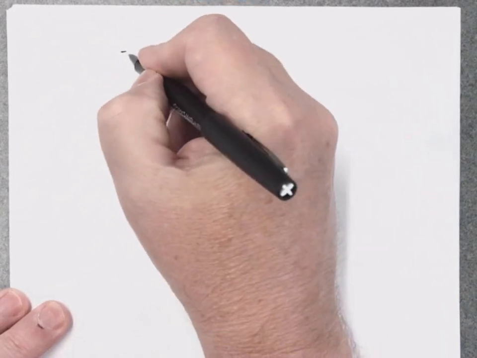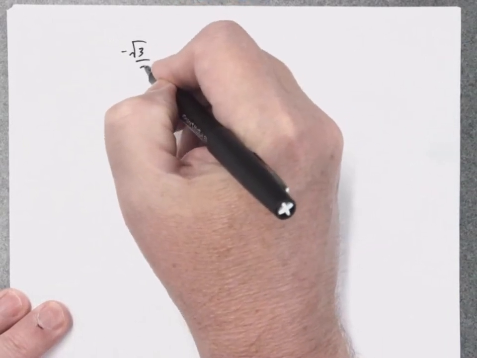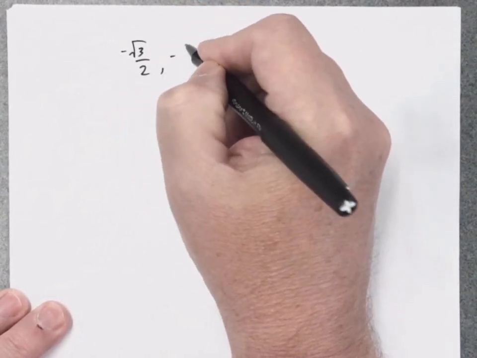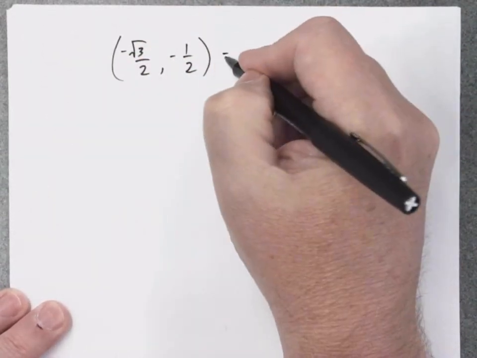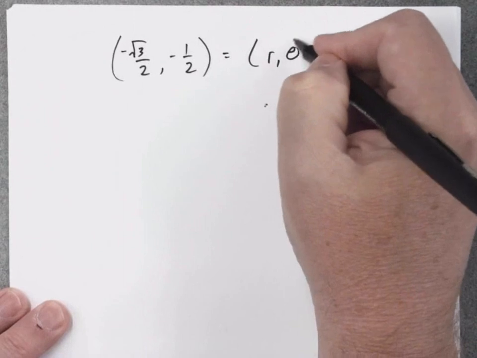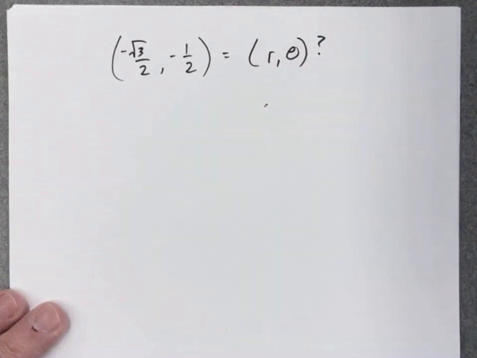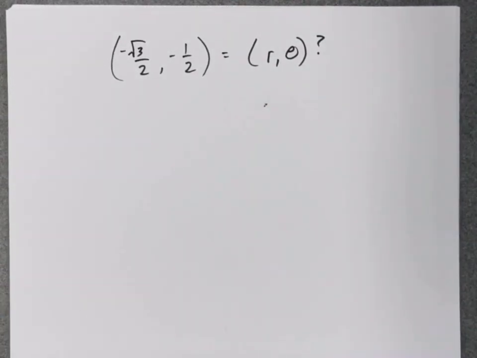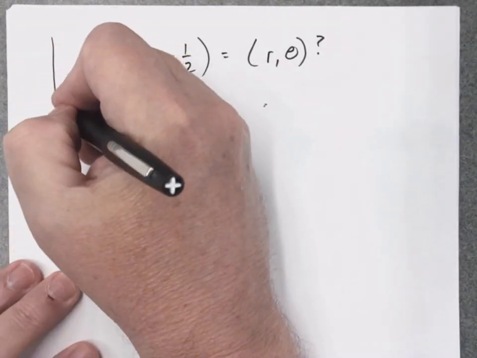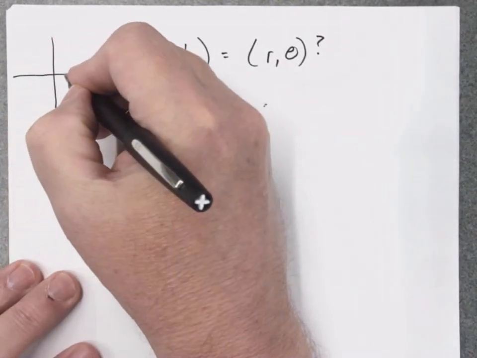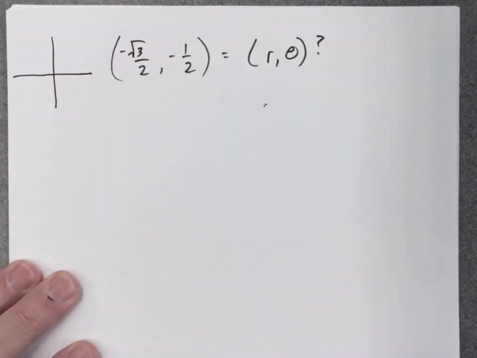So here's a point in rectangular coordinates, and I want to know what it is going to be in polar coordinates. Once again, it doesn't have to be anything fancy, it could even be sort of small.